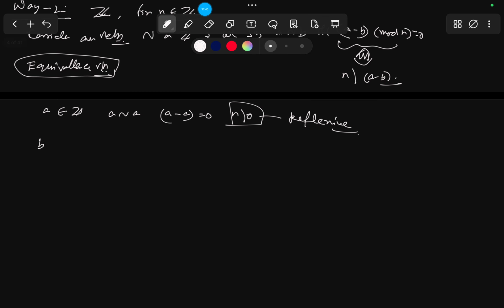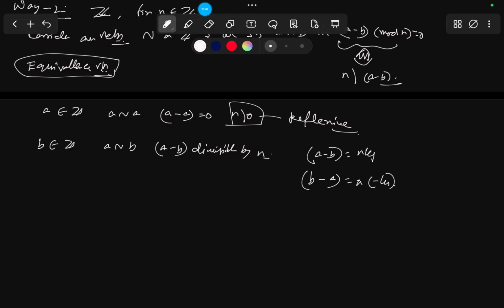Also if you take a, b in Z and a is related to b, then a minus b is divisible by n, so we can have a minus b to be nk1. So what about b minus a? b minus a is basically n times minus k1, right? So of course n divides b minus a as well. So b is related to a. That means it is symmetric.